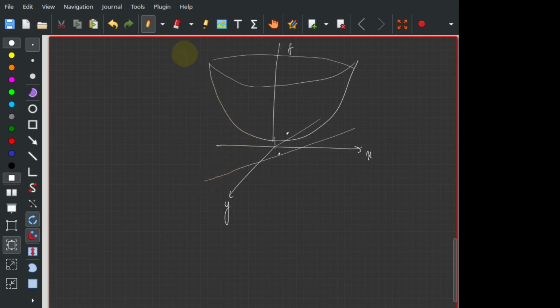So you think of the hyperplane which is passing through this. Now, what will this slice of the function look like? Will it be convex?